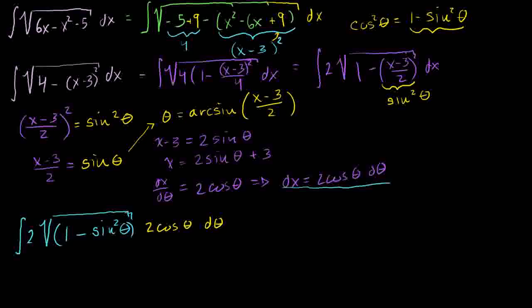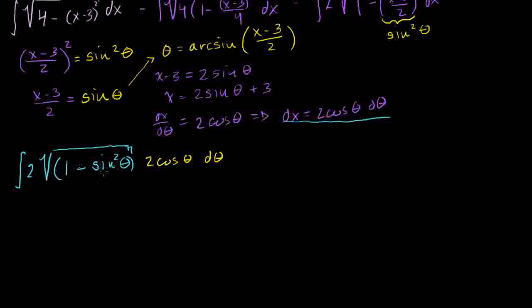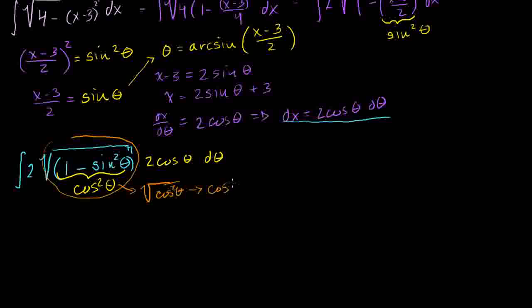Now what does this simplify to? This 1 minus sine squared of theta is just cosine squared of theta. And we're going to take the square root of cosine squared of theta, which is just the same thing as cosine of theta.